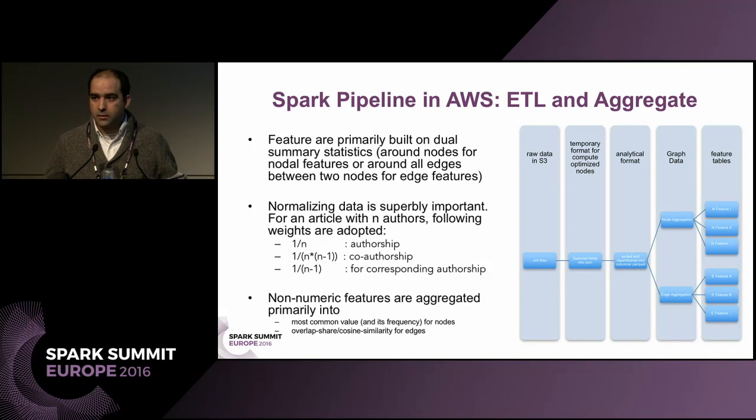So with those things in mind, it becomes very important to apply a weighted aggregation to our data. For example, for aggregating data into the nodes, we apply a 1 over n for authorships, and a similar thing, a 1 over n multiplied by n minus 1, which is the number of pairs, for co-authorship in articles, to weight the result.